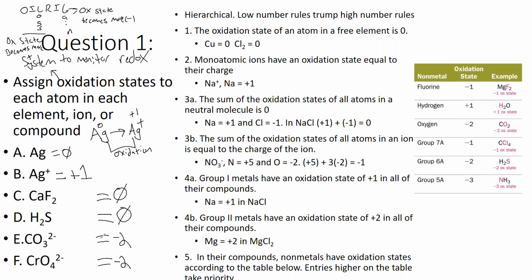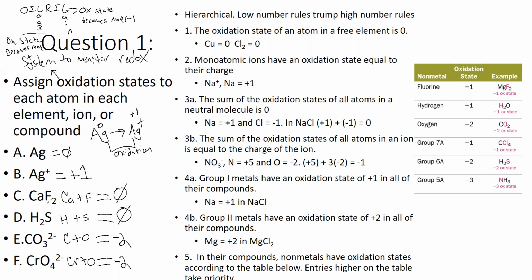All right, so for C, D, E, and F, so far we've told what the total oxidation number of the molecule is. However, for oxidation states, we have to assign oxidation numbers to every atom in that molecule. So we need one for Ca, and one for F. We need one for H, and one for S. Carbon and oxygen, chromium and oxygen.